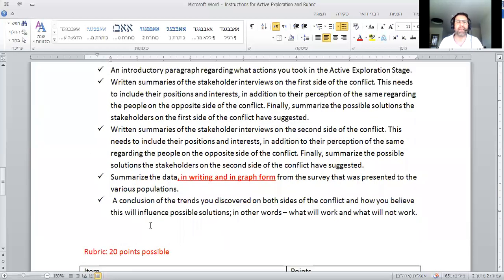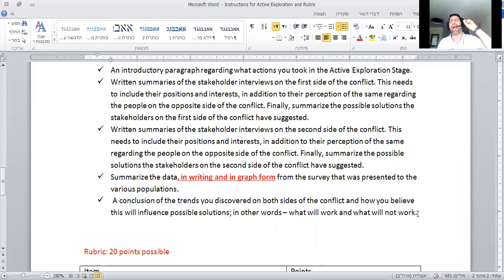A conclusion, then you write a conclusion of the trends you've discovered on both sides of the conflict and how you believe this will influence possible solutions. In other words, what do you think will work and what do you think will not work in terms of a solution? Remember, this is very important because your next section isn't going to be a paragraph about solutions.